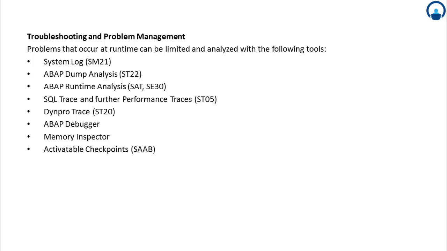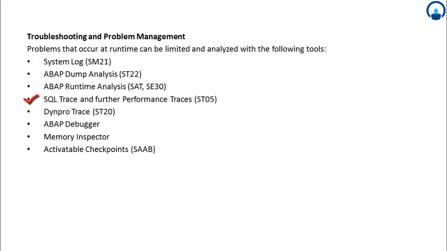Problems that occur during runtime can be analyzed using tools like the system log tool, which provides the details of the problems that occurred during runtime. For this we use the transaction code SM21. Then we have the ABAP dump analysis tool, which is ST22. Then we have ABAP runtime analysis, which is SAT, or we use transaction code SE30.